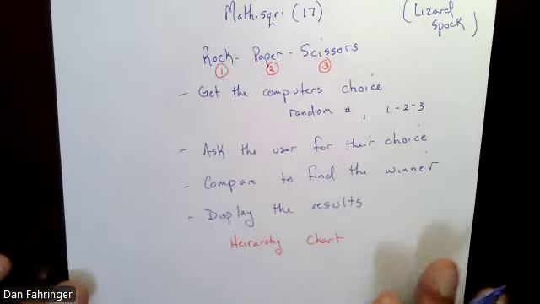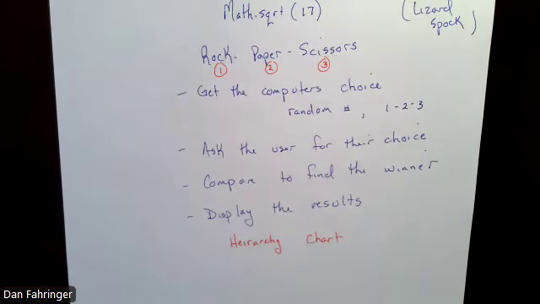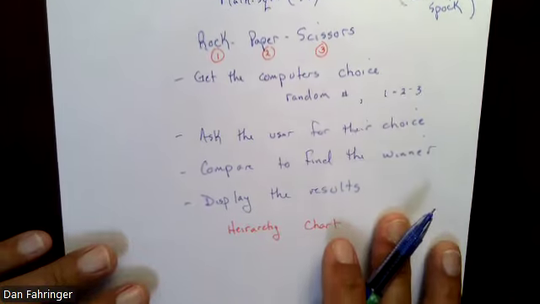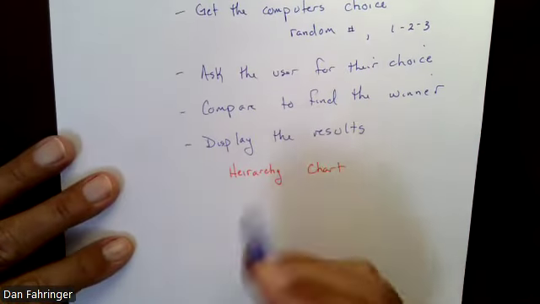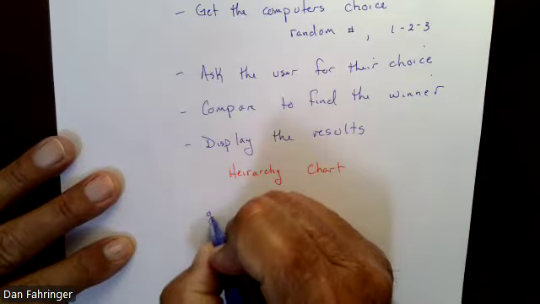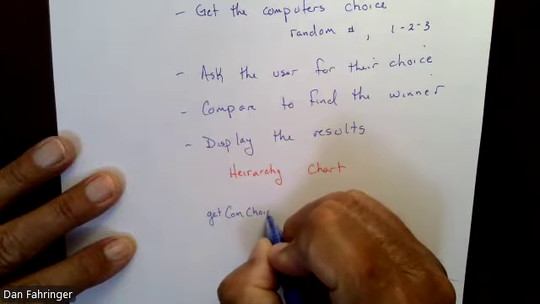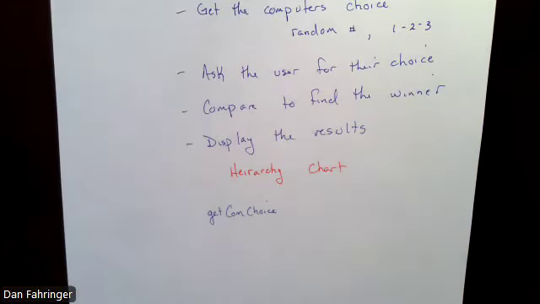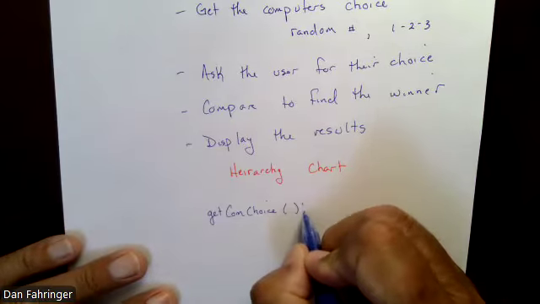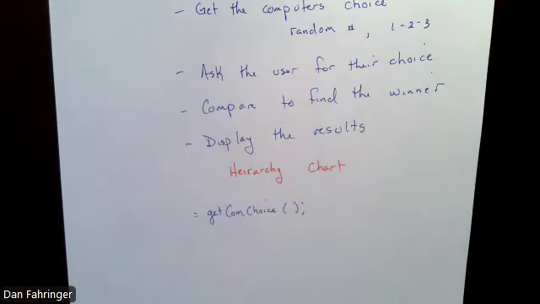All right. So the first method is I need to get the computer's choice. And I'm going to do something along the lines of getComChoice. And will I be sending anything in when I go to get the computer's choice? No, but I do know something's going to come back. So this is going to be one of those value returning methods.